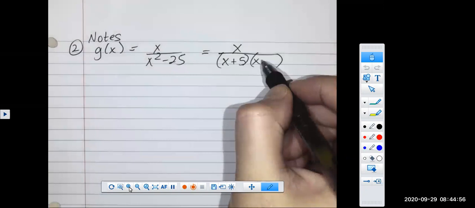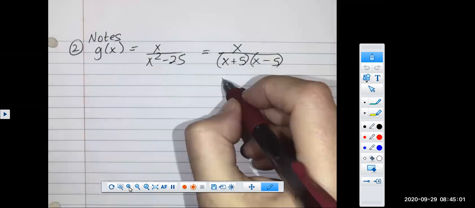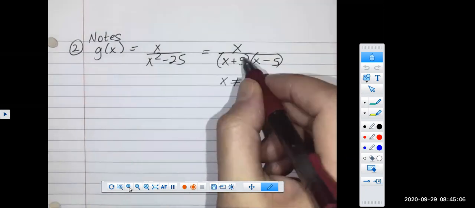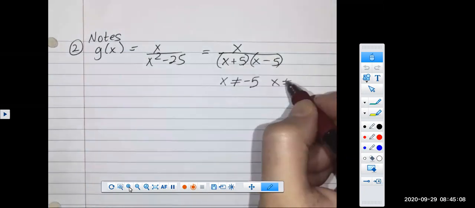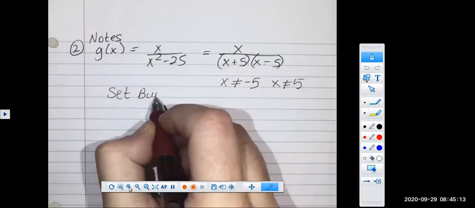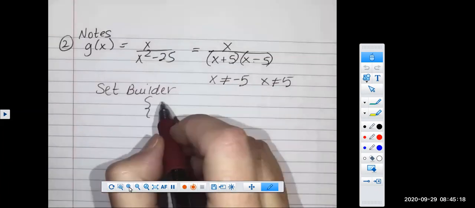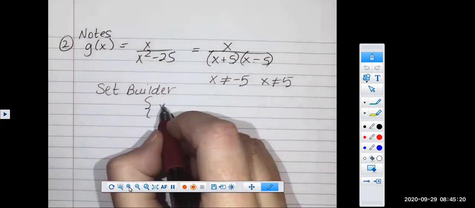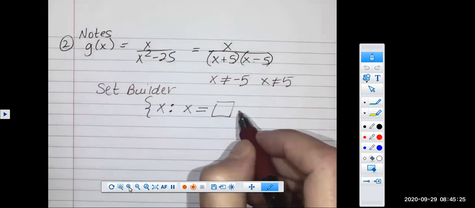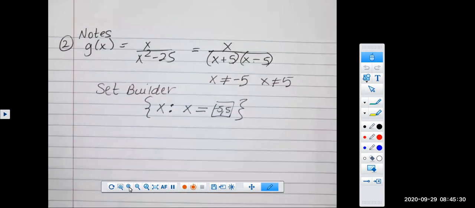So what are the two values you are excluding? x can't be -5 from that factor, and x can't be 5 here. All right, this is what I wanted to show you that MATLAB puts it in. So I didn't want you to be thrown off. They say, like swirly braces, all x such that x can't be, and then they give you a box here to type them in. So you'd say -5, 5.